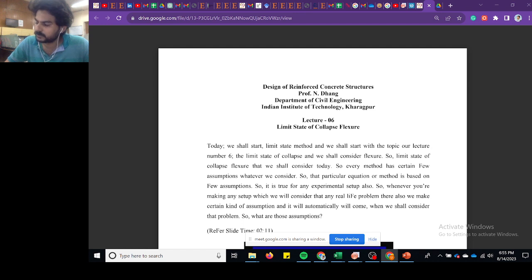So is it correct to consider the standard x by d for Fe 415, or whatever type of steel is given? May we consider the standard value of x by d for calculating the balanced percentage of steel? You're talking about the limit state method.